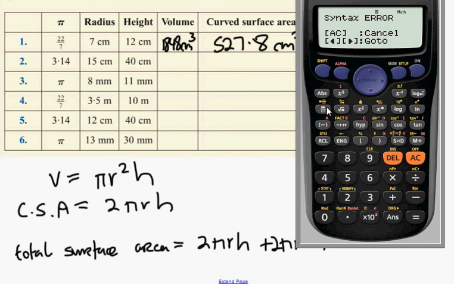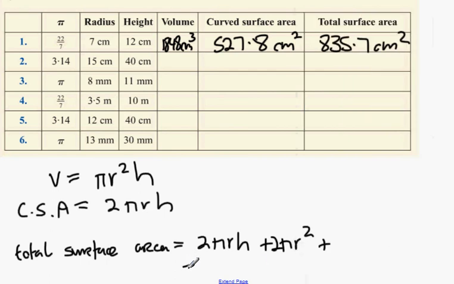Press that and we get a syntax error, so we have to look out for where the syntax error might have been. I think this bracket here isn't closed. Okay, let's see if it works this time. 836. So it equals 836.